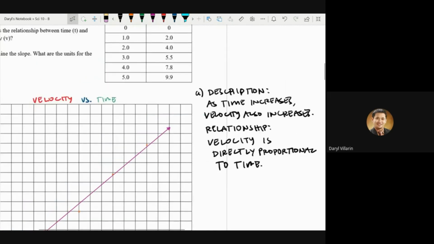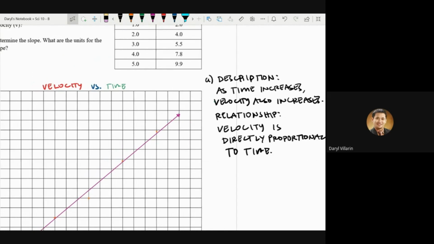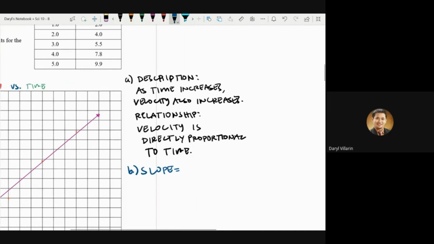So the second question is the slope. Since this is a straight line, we can get the slope. Slope, you can define it as rise over run, or it's given by the change delta y over delta x, or that is y2 minus y1 divided by x2 minus x1.